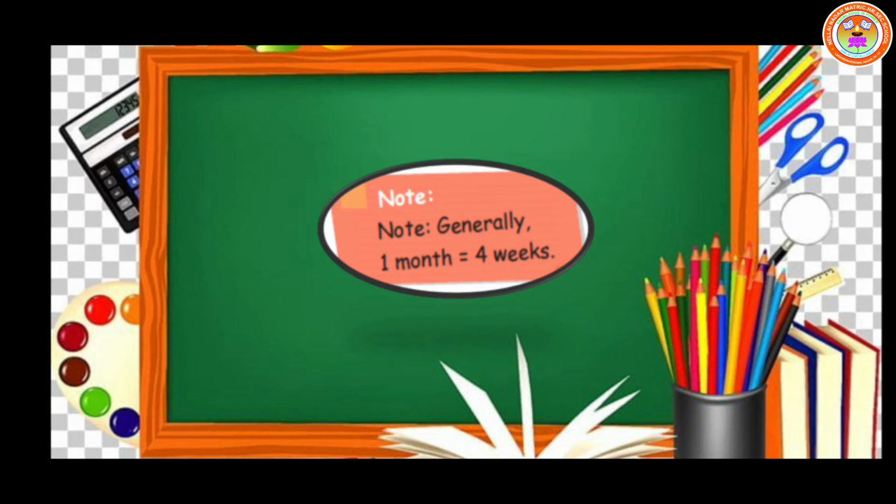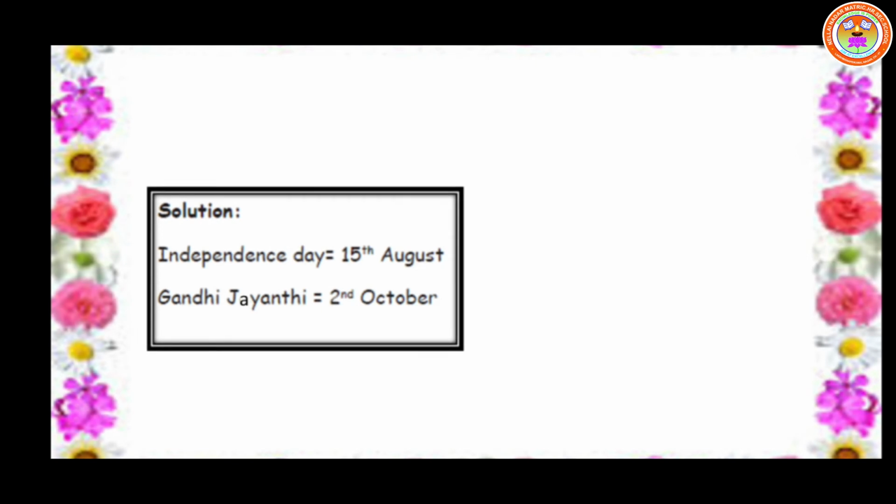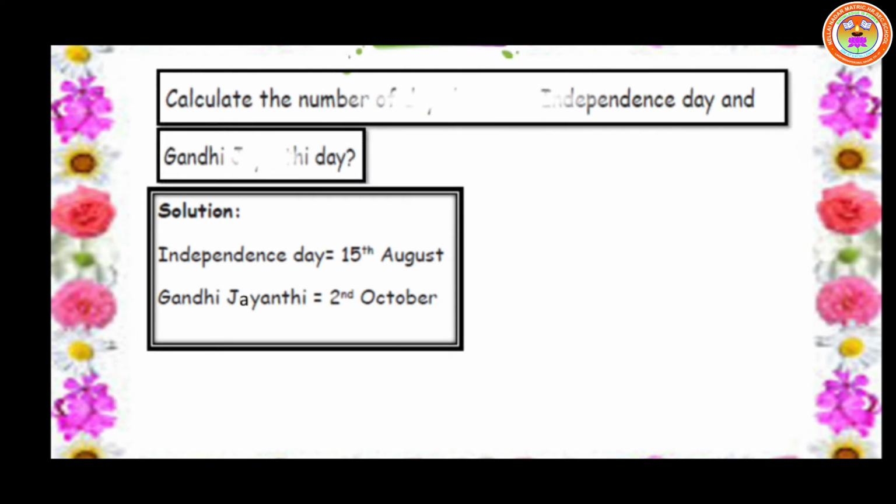Okay? Let's see one example. Calculate the number of days between Independence Day and Gandhi Jayanti Day. Students, in this problem we are going to calculate the number of days between two important days. One is Independence Day and another one is Gandhi Jayanti.